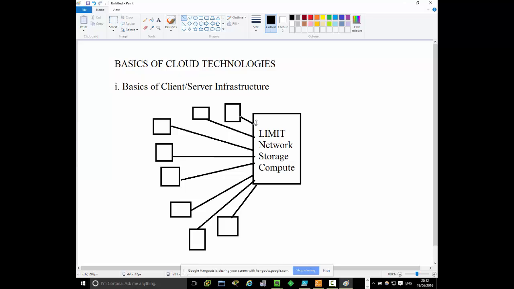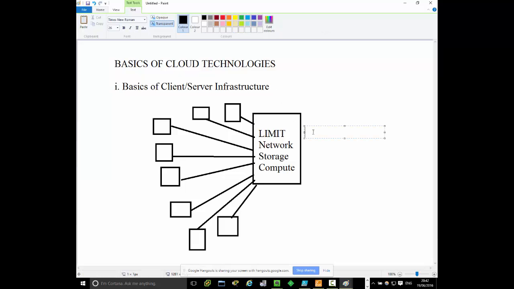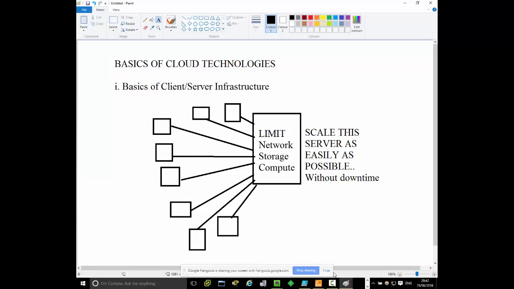So what that means for us is that we must figure out a quick way to scale this server as easily as possible, usually without any downtime. The reason I'm bringing this up is that the old way VMware used to add relevance was about taking physical servers that you can virtualize.